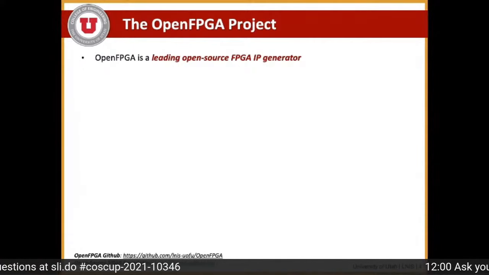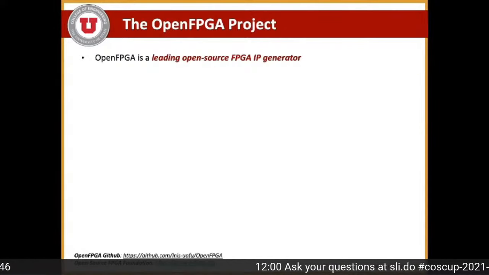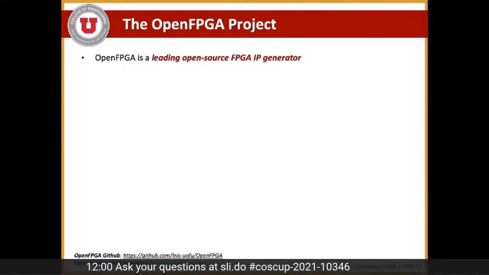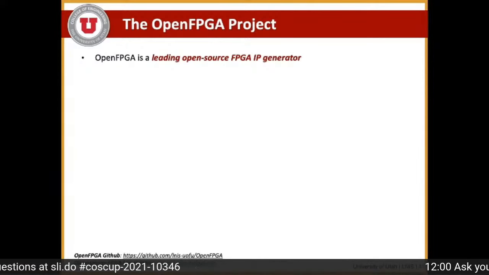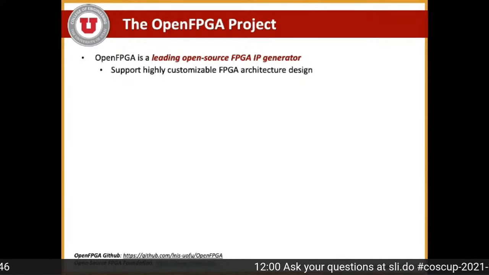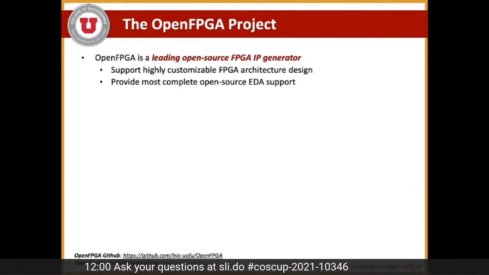So after displaying this video, you may have a basic idea about how OpenFPGA looks and why we need OpenFPGA. Let me summarize what you get. OpenFPGA is currently a leading open source FPGA IP generator. It supports very highly customizable FPGA architecture designs.